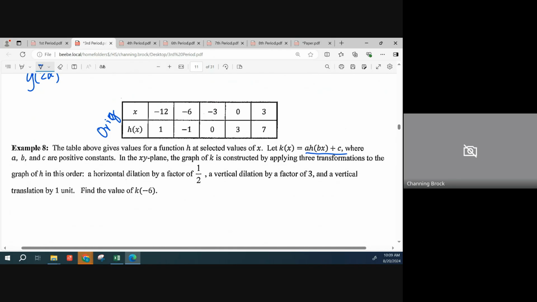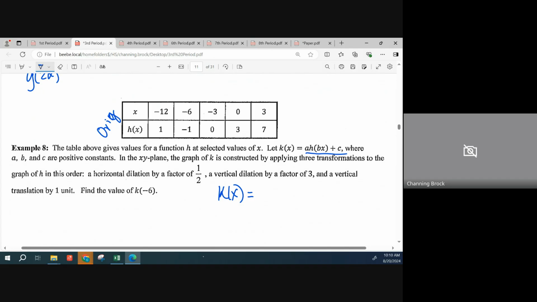It says in this order, we have a horizontal dilation by a factor of 1/2, a vertical dilation by a factor of 3, and a vertical translation by a unit of 1. And it says find the value of k of -6. So before we do that, let's create our function k of x. So if we're talking about k of x, what is a?